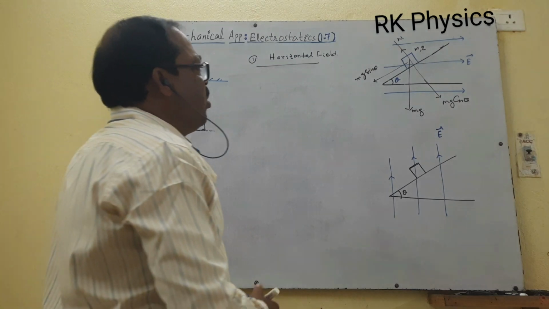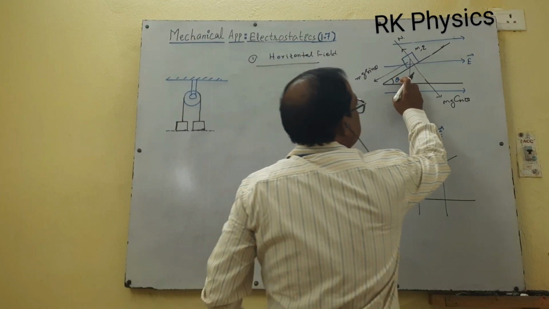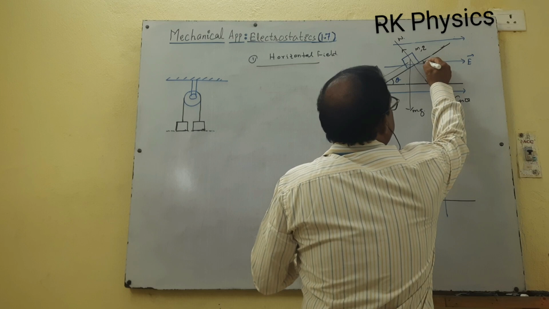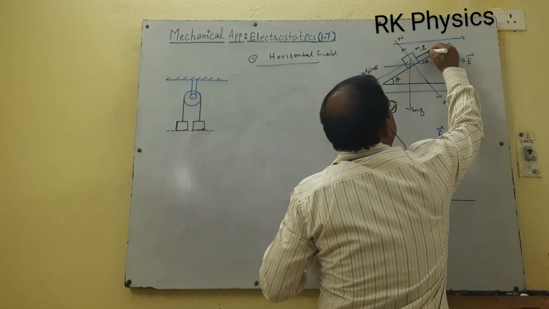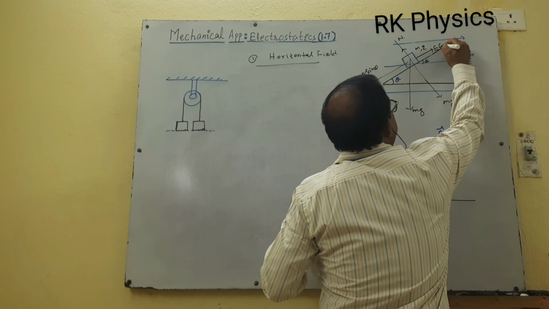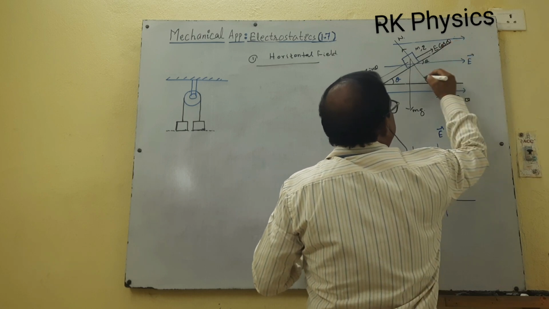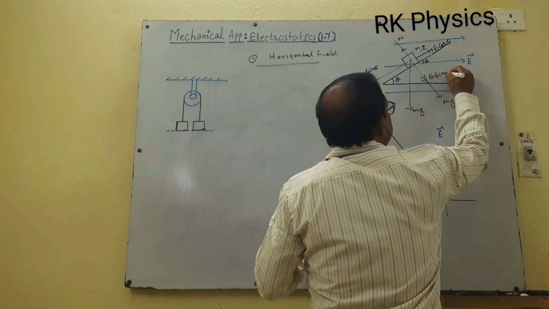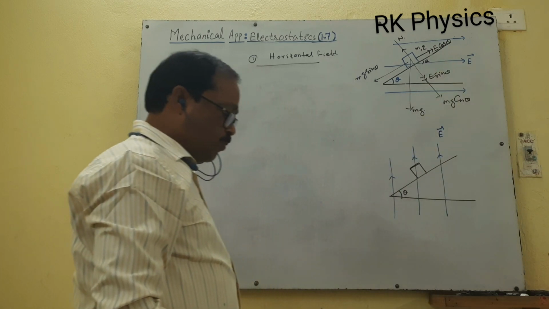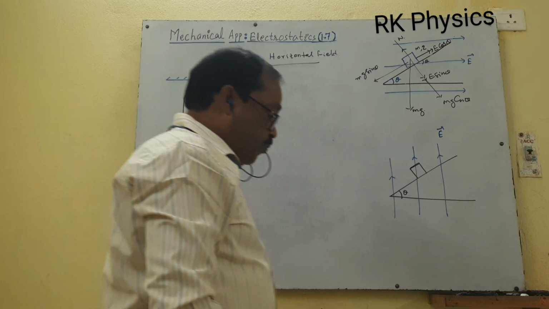Now, if this angle is theta, then geometrically this angle is also theta. Therefore, the component of E along this direction is E cos theta, and along this direction it is E sin theta. Mark the difference.